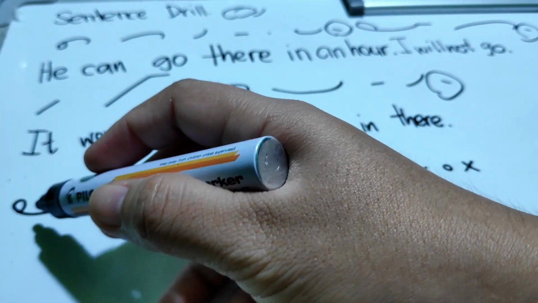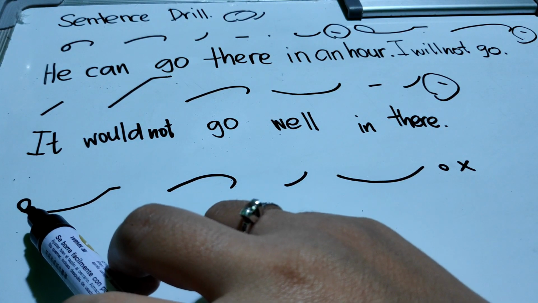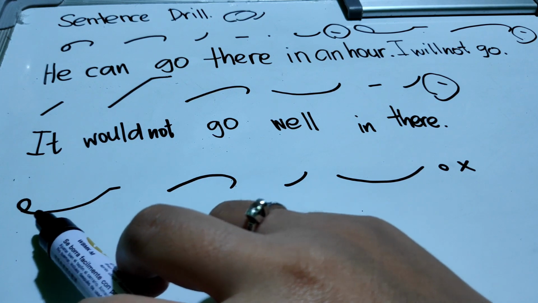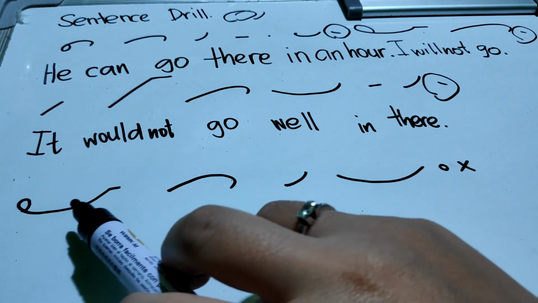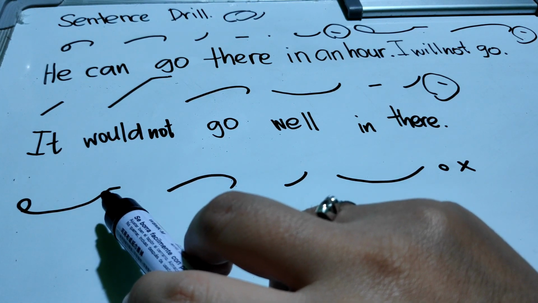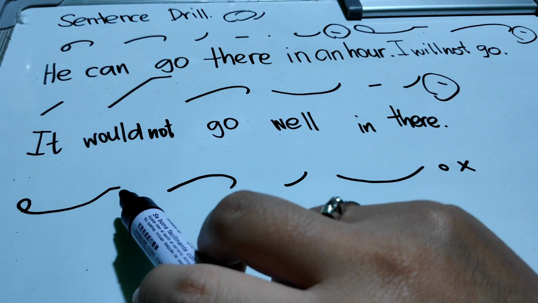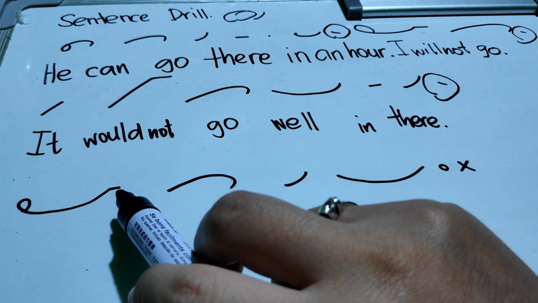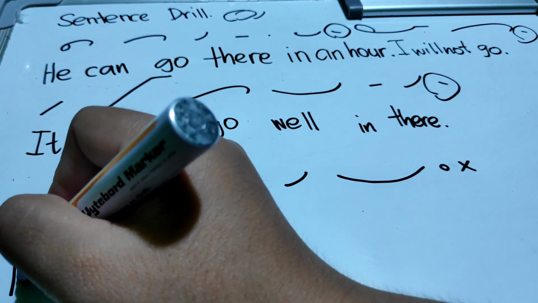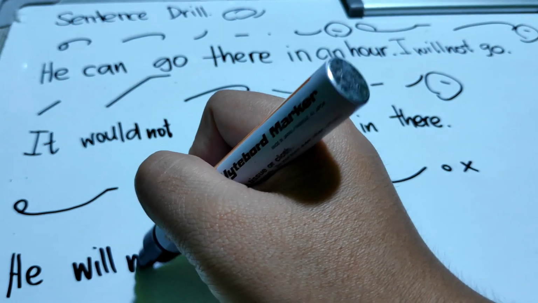So the last sentence drill, kaning gamay nga circle is the E, but it is transcribed as he. And then this long stroke nga pina-curve ang ilalom is our L and is transcribed as will and well. And then kaning gamay nga linya is the letter N transcribed as in and not. So, he will not.